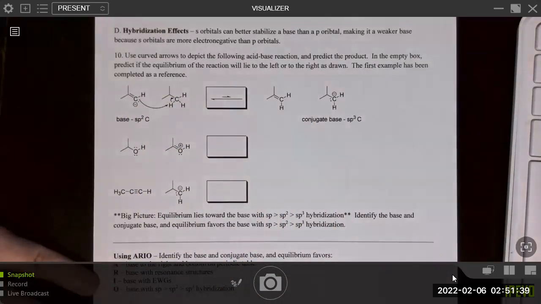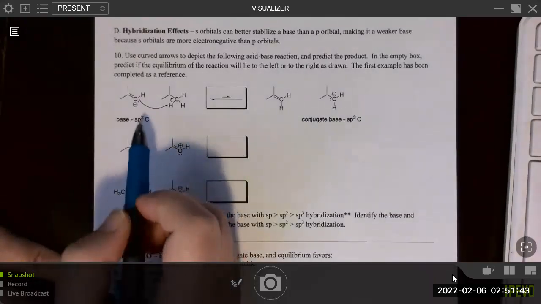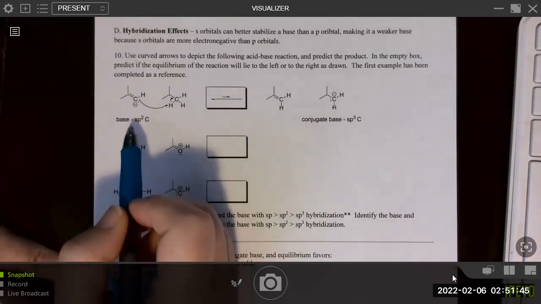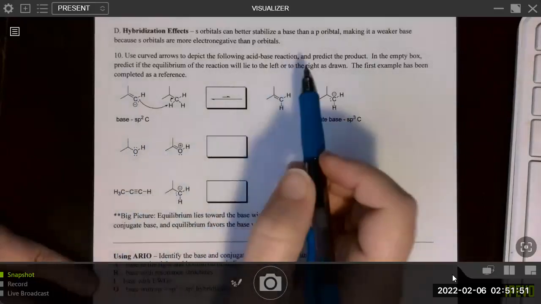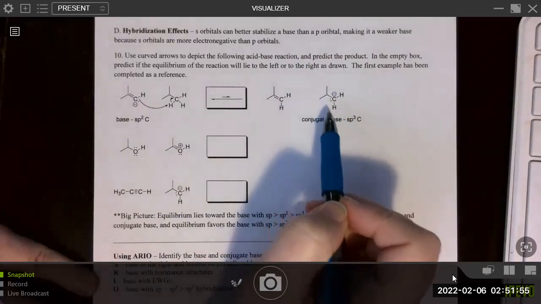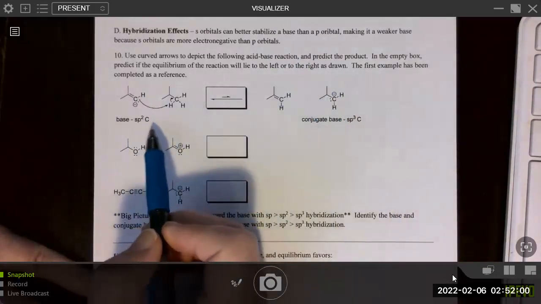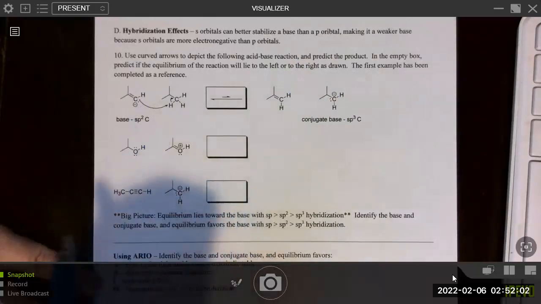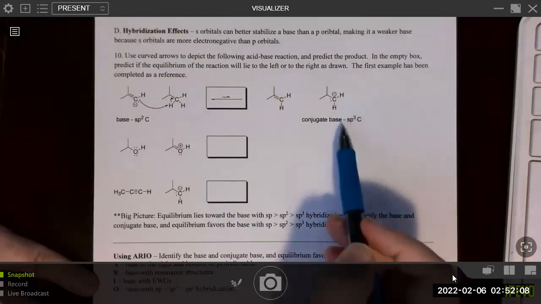And then notice how it talks about the hybridization of the carbon. In this case, the carbon is sp2 hybridized, which means the lone pair is in an sp2 hybridized orbital. In this case, the carbon is sp3 hybridized. The same is true, the lone pair is in an sp3 hybridized orbital. Well, an sp2 hybridized orbital has more of what we call s character because it's 1/3 s instead of 1/4 s.